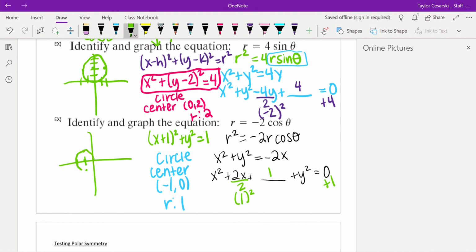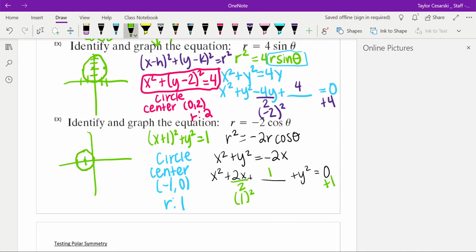So something you'll notice that's not a coincidence. This one up here was a sine graph, and you'll notice it lies on the y-axis, and sine is y. This one is cosine, and it lies on the x-axis. That's not a coincidence.